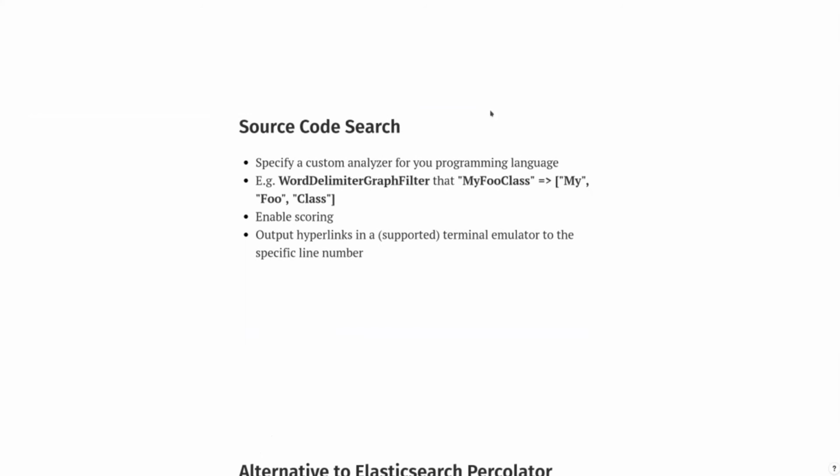So, okay, let's talk about a couple of use cases that I myself am using Lucene-grep for, and some people on the internet were complaining to me about why Lucene-grep doesn't work for their use case. So one thing that I was trying to do, I implemented a little source code search.